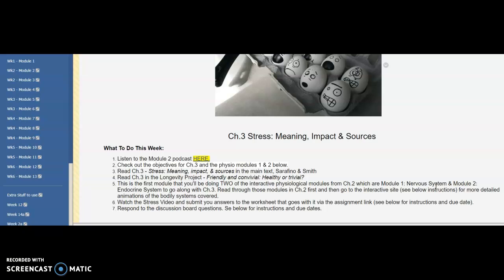This week we're looking at the topic "friendly and convivial: is that healthy or trivial?" So looking at sociability, how social are you with other people, and is that a good thing to be social or not a good thing? Specifically, how does that affect you?